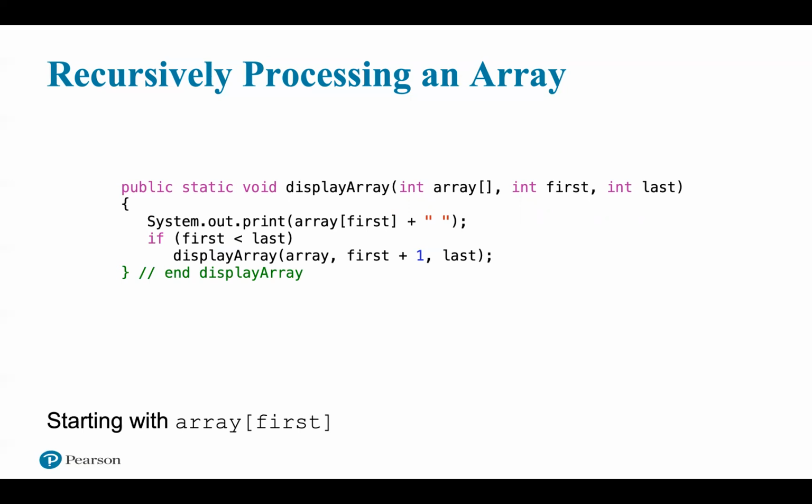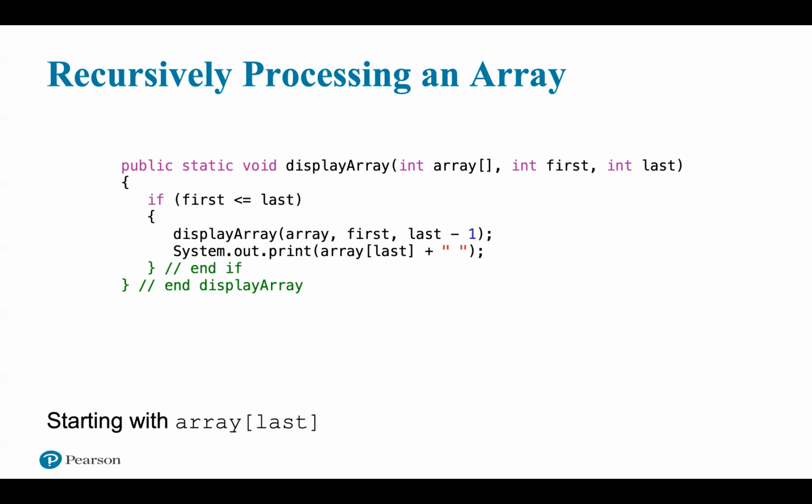Displaying the rest of the array is a smaller problem than displaying the entire array. You wouldn't have to ask a friend for help if you had to display only one integer, that is, if first and last were equal. This is the base case. Thus, we could write the method displayArray as we're showing in the chart.